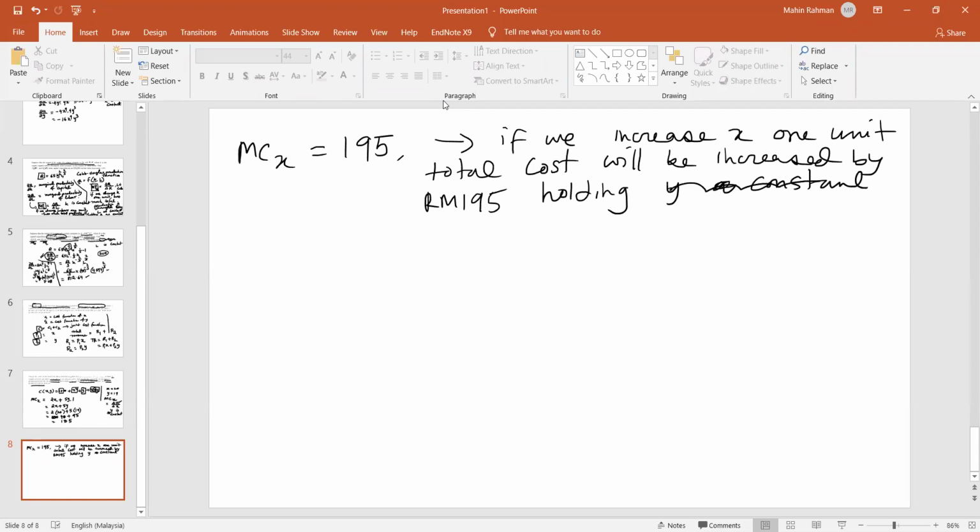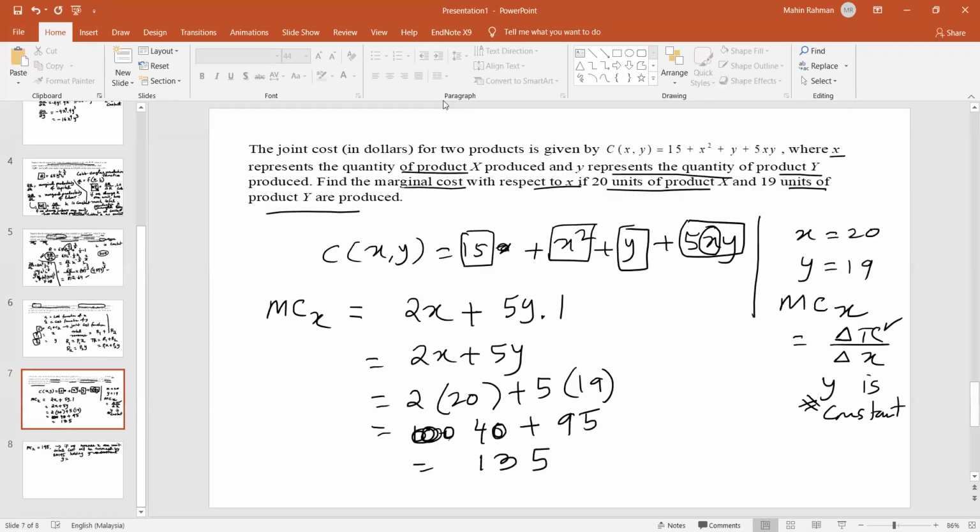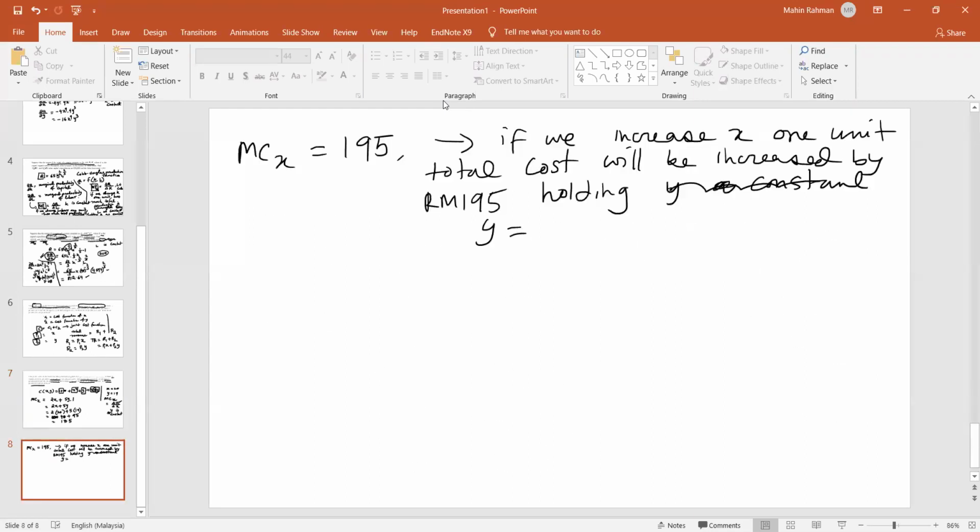Or you have to write down holding Y equal to 19, because can you remember the Y value? Y is 19. So you don't change Y, holding Y equal to 19 as constant.